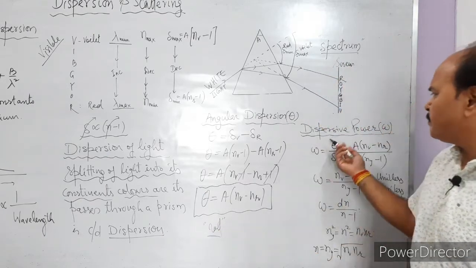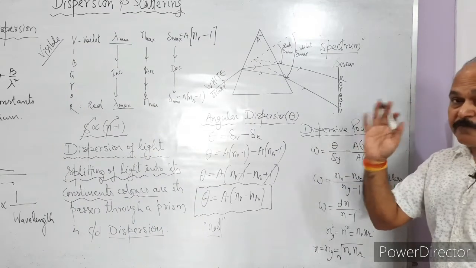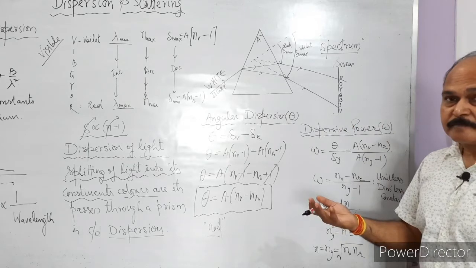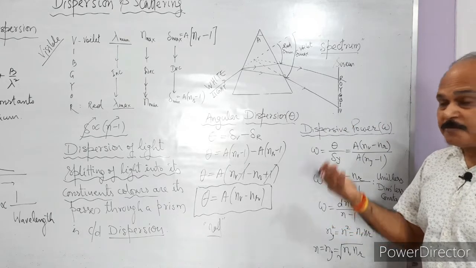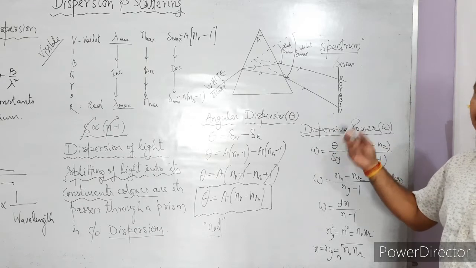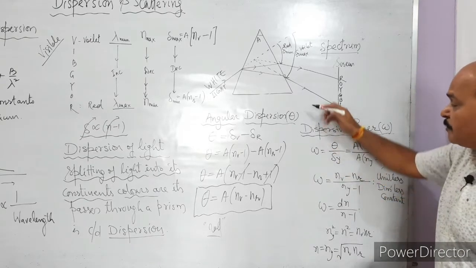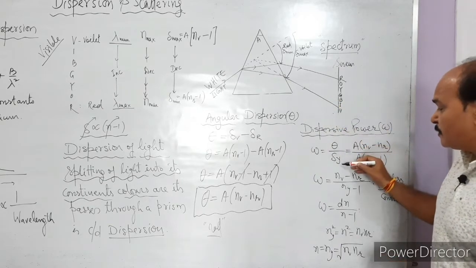Now what is dispersive power? Dispersive power is a constant for a medium, and dispersive power of a medium is defined as the ratio of angular dispersion to the deviation of mean color.